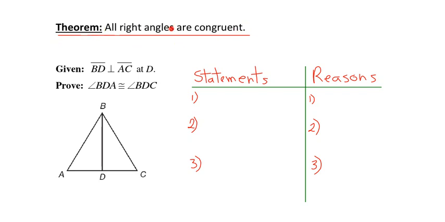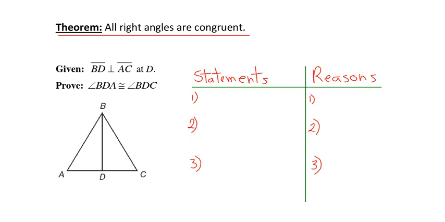That's obviously true because all of them measure 90 degrees, and congruent means having the same measure. If you have two right angles, they are obviously congruent. So that's a theorem that we have about right angles: all right angles are congruent.